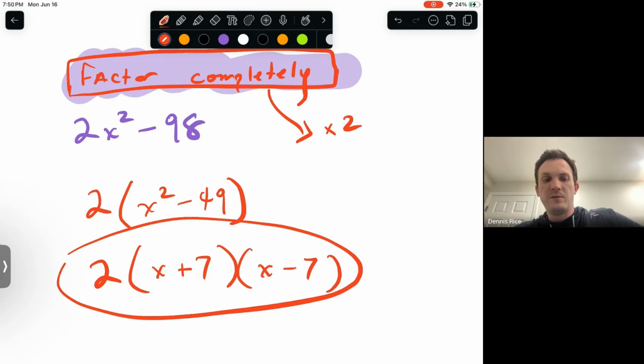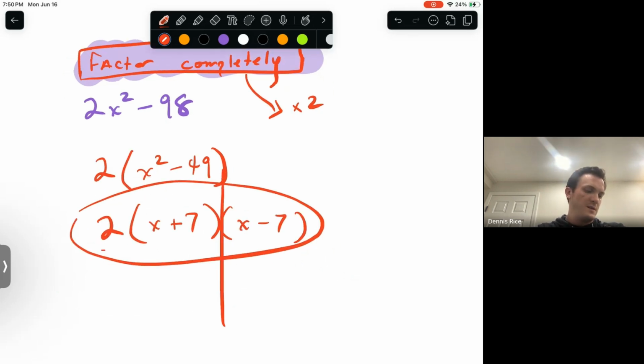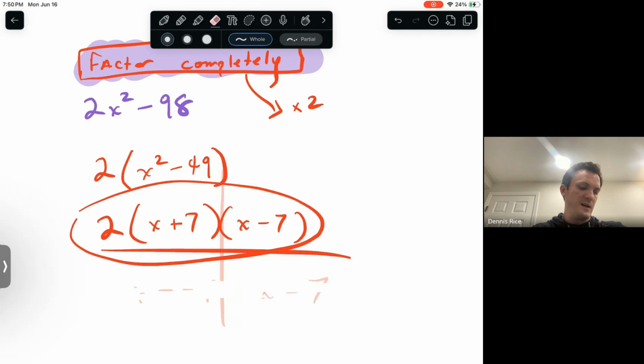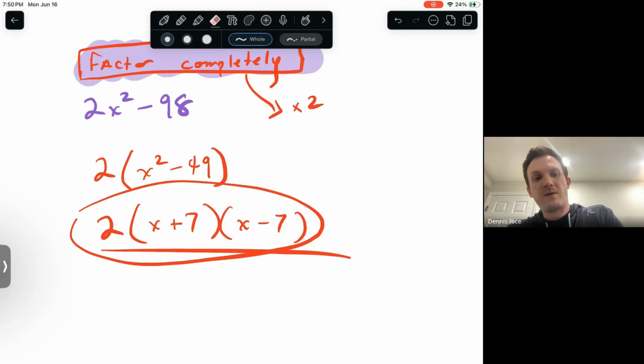Don't forget about the 2 that you pulled out in step 1. It would be wrong if I just circled X plus 7, X minus 7. So the 2 goes along for the ride. Also, there's always 1 or 2 people that solve it instead. This loses a point, right? Because it means you didn't understand what the question was asking. You're doing a quadratic that you're solving and you're answering it. No. We don't do that here. Just factor it and stop. They're counting that as you didn't understand what was asked. So always follow instructions.